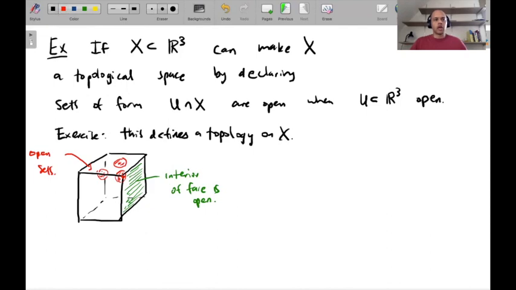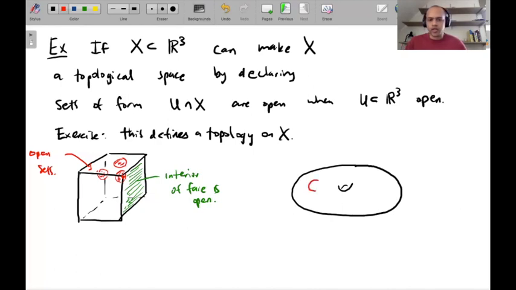One more picture example: if we were to take the torus, then again, if you pick your favorite point and take a small ball around that, then intersect it with the torus, we'll get some small little disc like this.